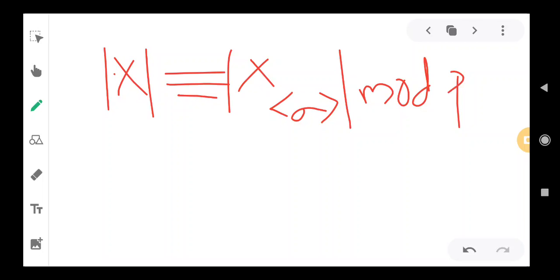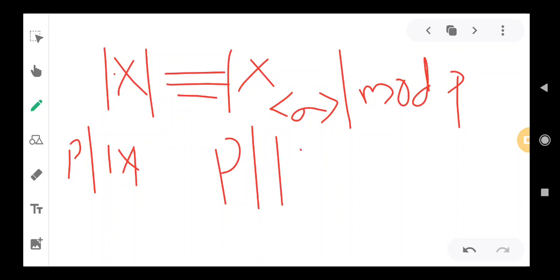Now we had a claim that p divides the cardinality of X. We have proven that p divides the cardinality of X. And here we got a congruence: the cardinality of X is congruent to the cardinality of X_<sigma> mod p. So we must have that p divides the cardinality of X_<sigma>.